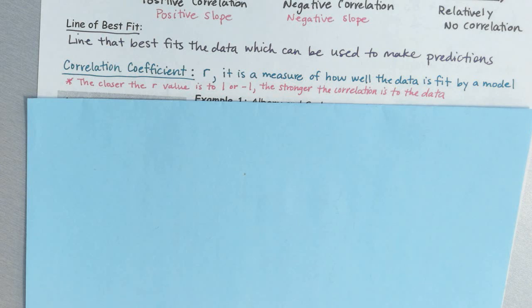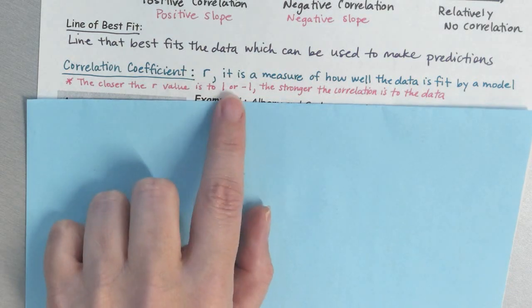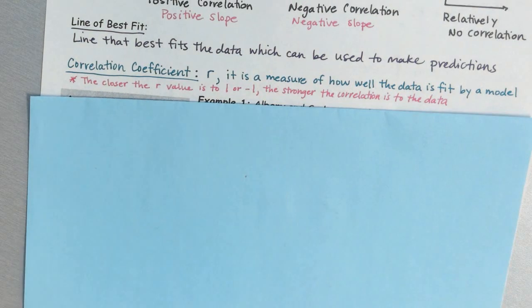If it's closer to 0, then that means that the correlation is weak. So I'll say that part again: the closer it is to 0, the weaker the correlation. So close to 1 or -1 is going to give you the strength.